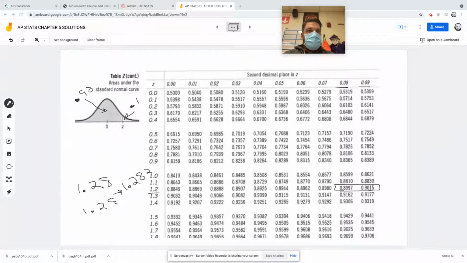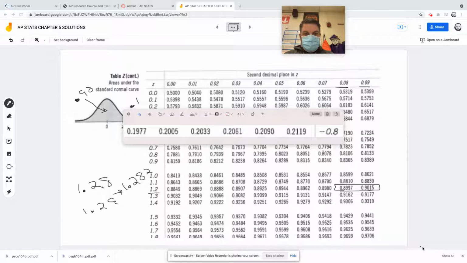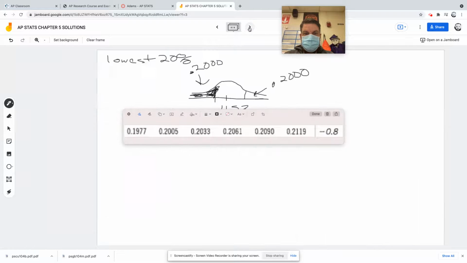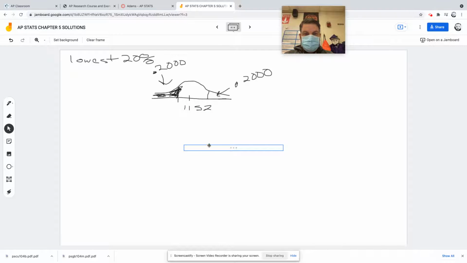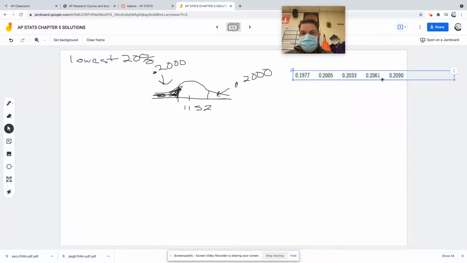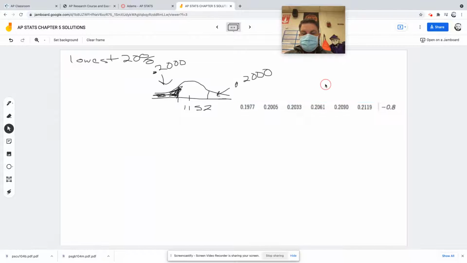So if you go in the back of the book, you'll get something like this. And what we're looking for is the number between these two, right?